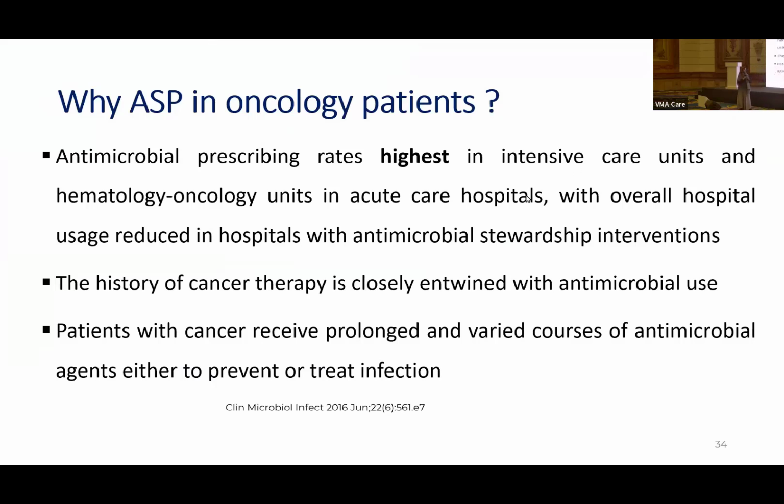Nevertheless, the use of antimicrobials in oncology patients is high because they are exposed to prophylactic antibiotics and to other factors. For example, they have neutropenia that might predispose them to different types of infection. So we need to balance giving effective antimicrobial therapy while at the same time practicing the principles that we talked about in antimicrobial stewardship.